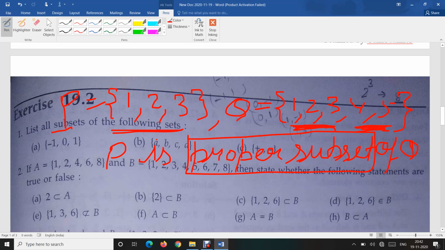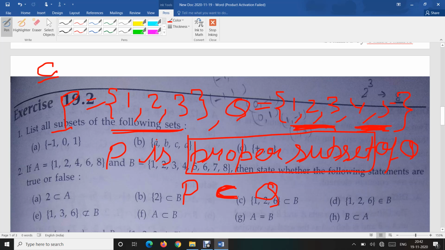Is there any symbol to represent proper subset? Yes, we have a symbol. This sleeping U: subset is sleeping U on the line, but proper subset is simply sleeping U. So we will write it as P is the proper subset of Q.